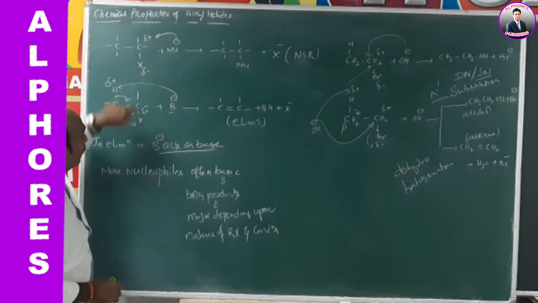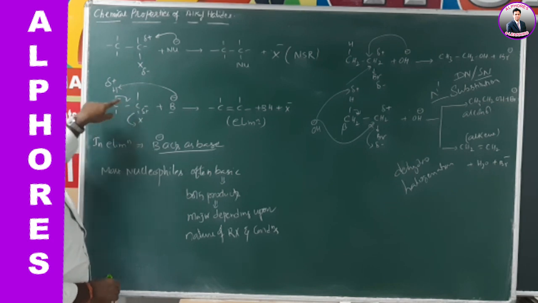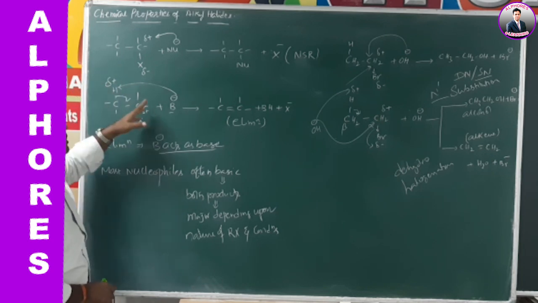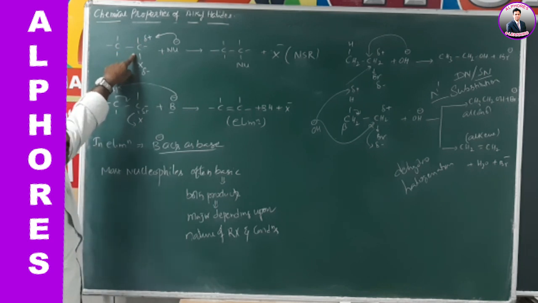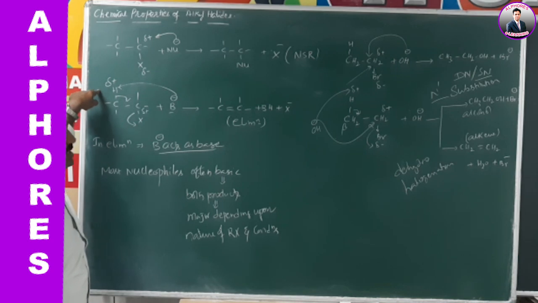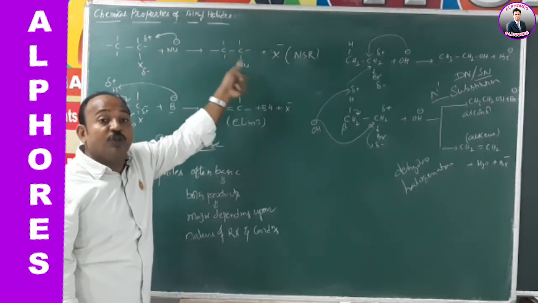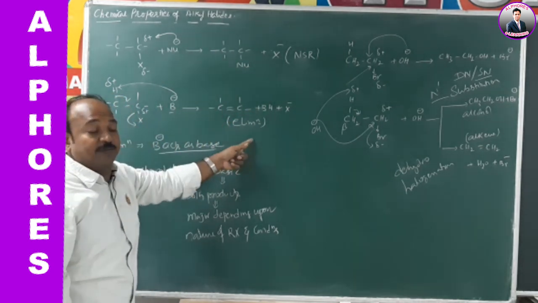In both cases, the halogen-containing carbon and the adjacent hydrogen-containing carbon bear partial positive charge. But the nucleophile prefers the carbon and the base prefers the hydrogen. So this leads to substitution, and this one leads to elimination.